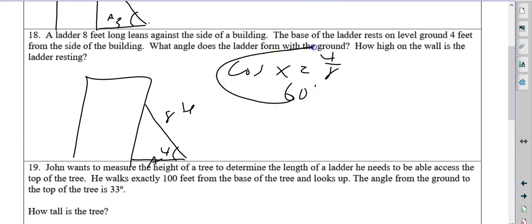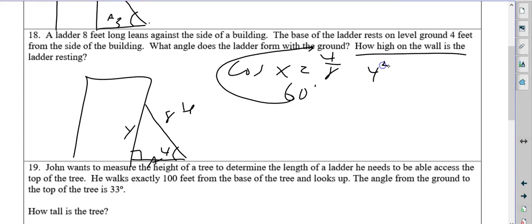That's this answer. What's the angle? It also has a second question. How high on the wall is the ladder resting? So we're trying to find this right here also. Now, you could do trigonometry. That would be fine. But you also have a right triangle.